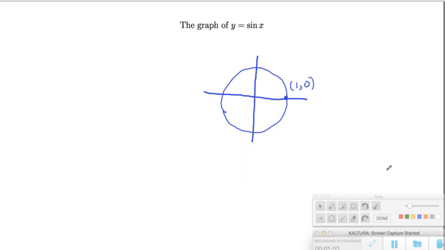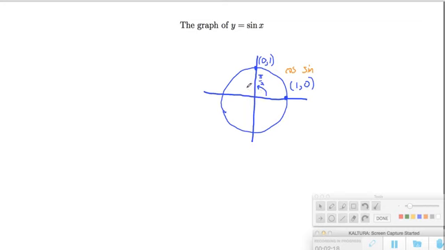And so remember that the x coordinate is the cosine and the y coordinate is the sine. So if we're focusing on graphing sine of x, we're going to be focusing on that second coordinate. Now, recall if you rotate your angle up to pi over 2, the coordinates here are (0, 1).